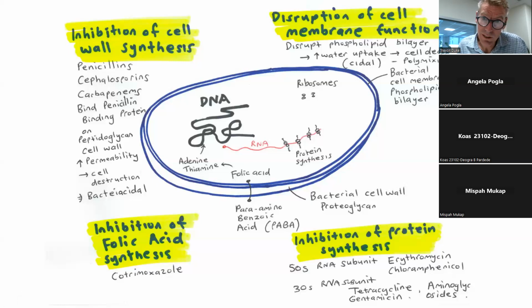Part of protein synthesis uses folic acid, and there is one antibiotic that disrupts folic acid. The effect of folic acid on the translocation of DNA to RNA, and that is cotrimoxazole. So Bactrim or Septrin, that disrupts folic acid synthesis.